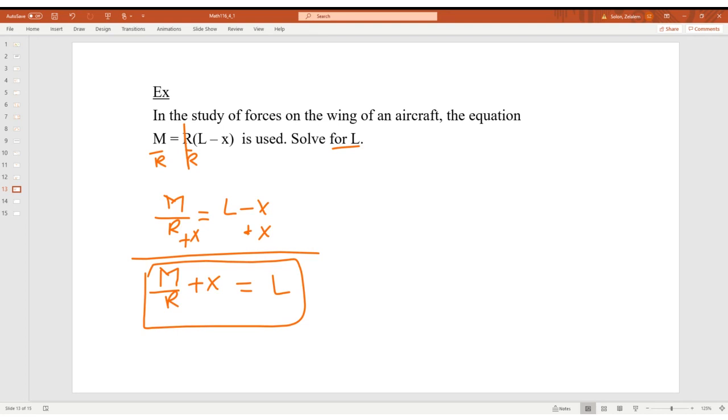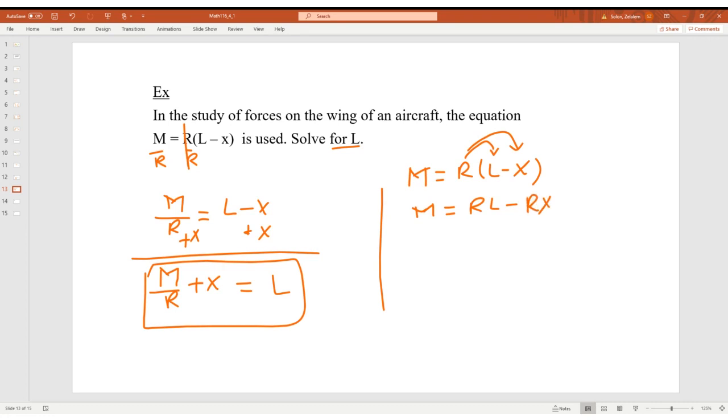But sometimes you can also solve the same problem by distribution. So m equals r times (L minus x). The solution is exactly the same. So distribute the r. You have m equals rL minus r times x, which is rx.